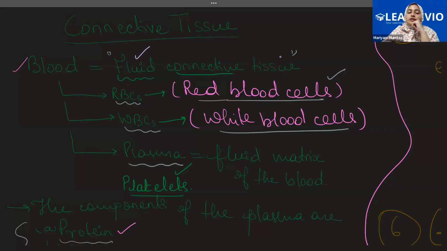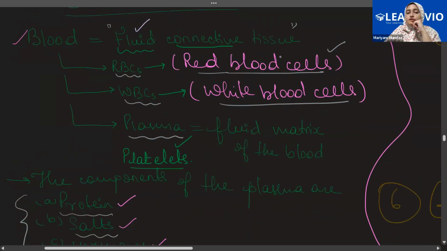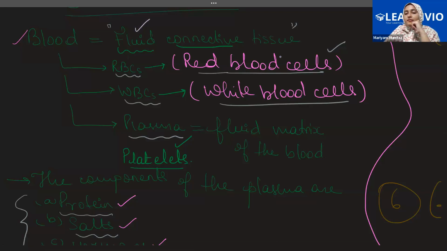Now talking about the components of the blood. So we have the RBCs, that is the red blood cells. Then the blood also has WBCs, that is white blood cells. Then plasma is also present in the blood, which is the fluid matrix of the blood. Just like how cytoplasm is there for the cell, same way the matrix, the plasma, is there for the blood.